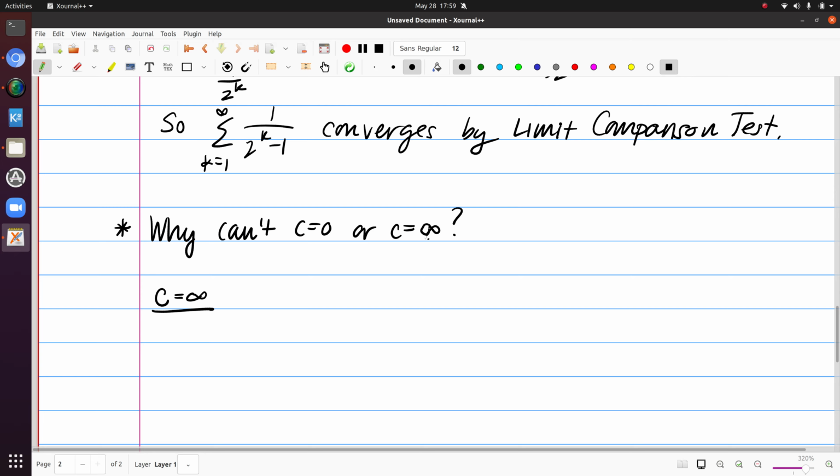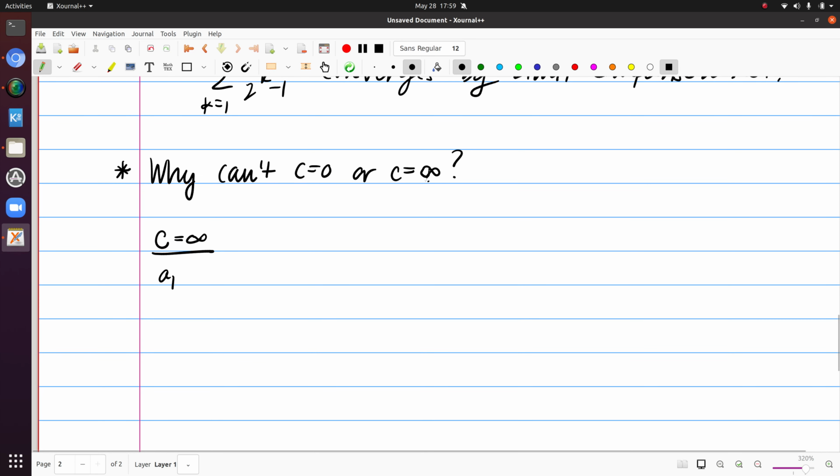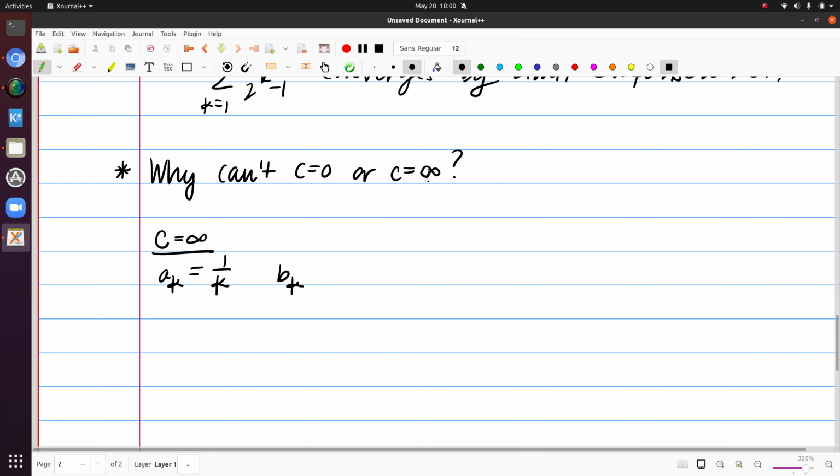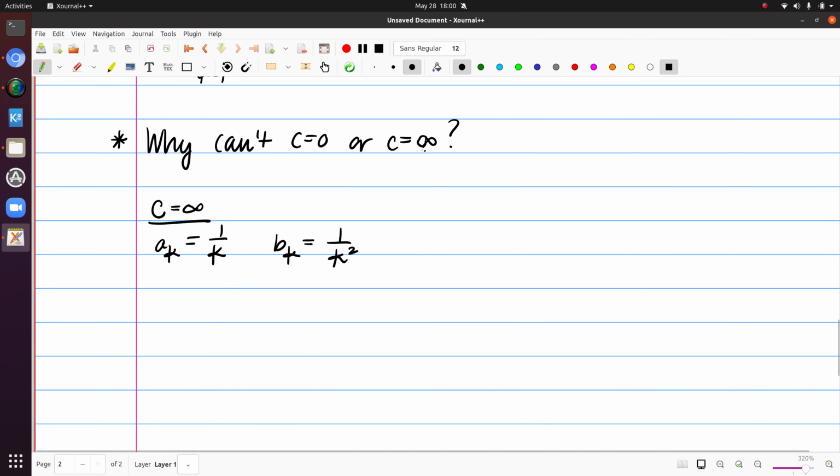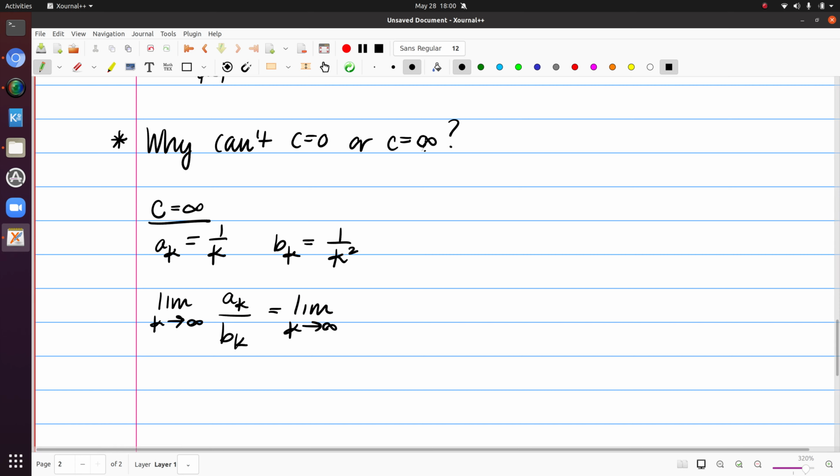what if c were equal to infinity? If a sub k were 1 over k and b sub k were equal to 1 over k squared, then in this instance, if you were to take the limit of a sub k over b sub k, that's the limit of just k, if you simplify that, and that goes to infinity.